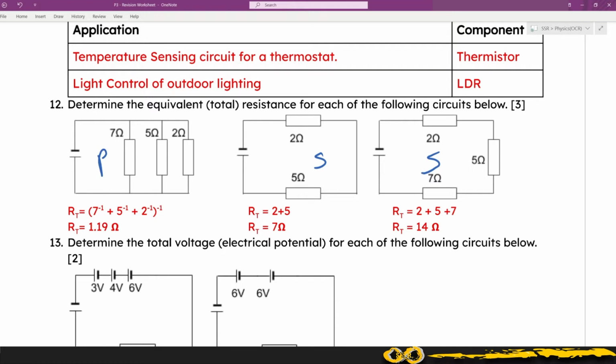It is possible, though not likely, that you may see a combination wherein there would be a series circuit, so for example another resistor here that's then in parallel with something else. You would start by calculating the series component all on its own, and then you would continue and add that in parallel with the others. But again, this is not very likely to be seen on your exams.